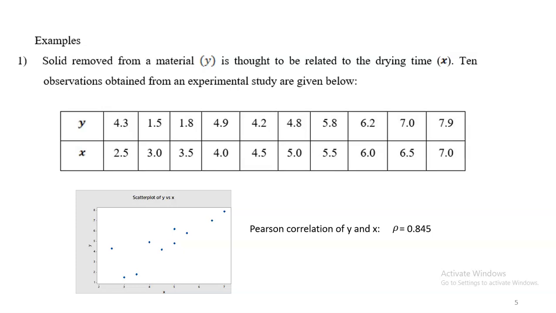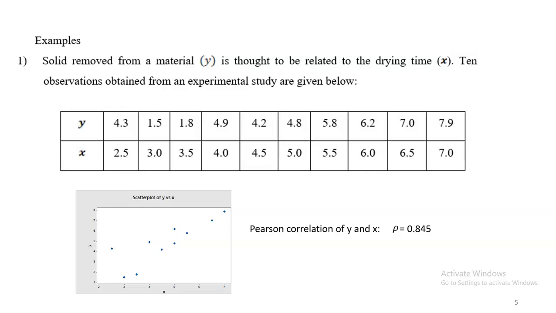Here is an example. The amount of solid removed from a material, which is y, is thought to be related to the drying time, which is x. So 10 such observations are taken from an experimental study, which is given below.